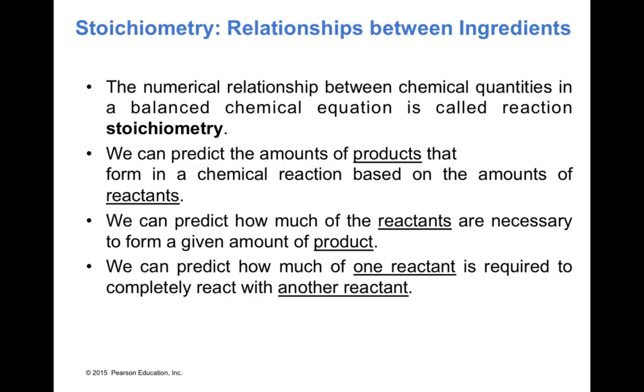We can obtain how much of the product will be produced if we know the amount of the reactant. We can obtain how much of the reactant we need if we want a specific amount of product, and also we can determine how much of one reactant is required to completely react with another reactant. So let's see here an example.